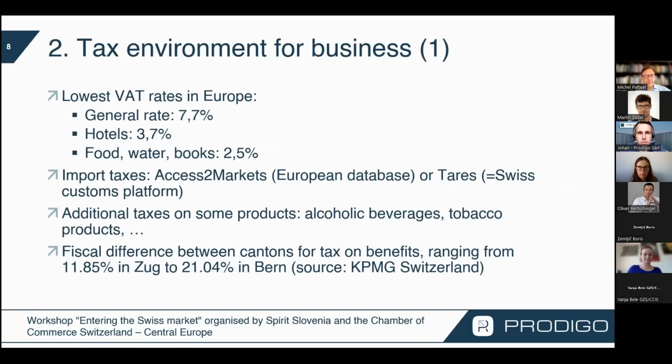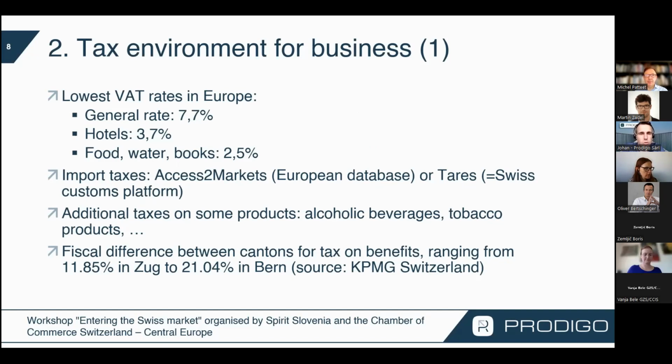Now, what is the tax environment for business in Switzerland? One interesting fact in Switzerland is that we have the lowest VAT rate in Europe, while in most surrounding countries, the general VAT rate is around 20%. In Switzerland, it is only 7.7% for the general rate.